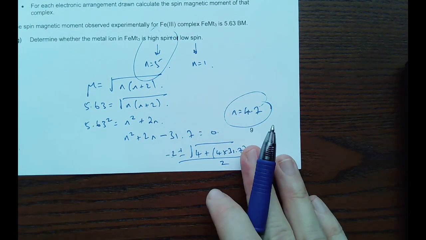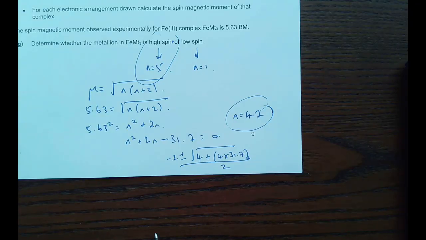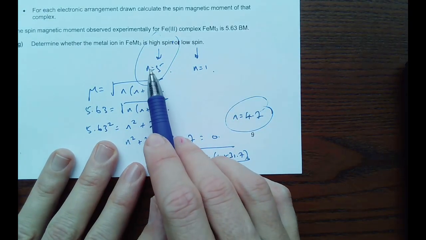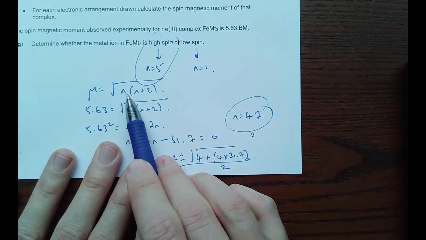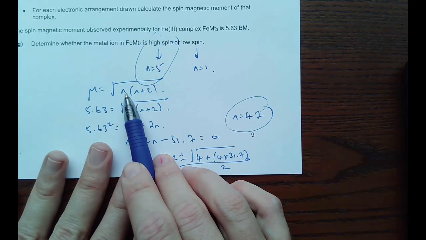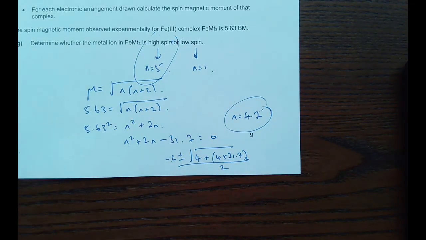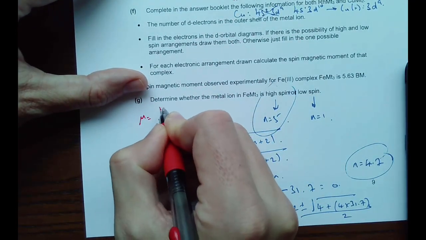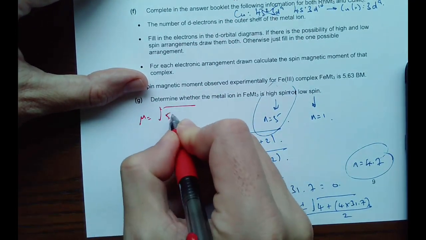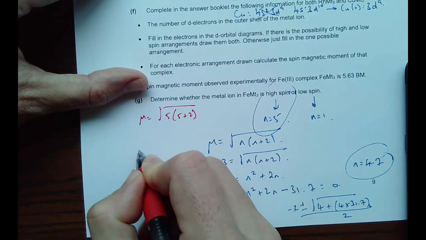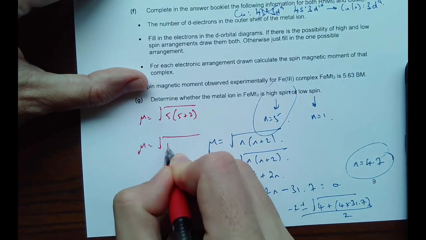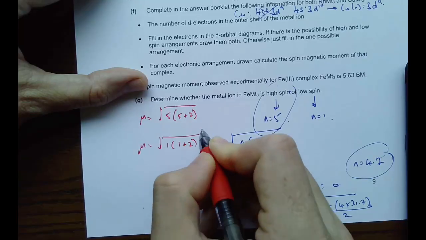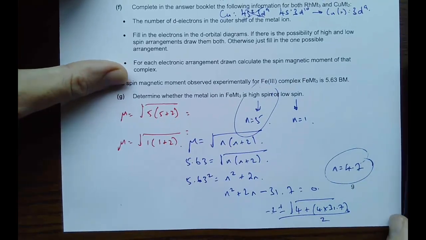The other way of doing it, which admittedly is probably slightly easier, is you just put n equals 5 into here, and you put n equals 1 into here. So if I do mu equals square root of 5 into 5 plus 2, or I do mu equals square root of 1 into 1 plus 2, then I get my two answers.